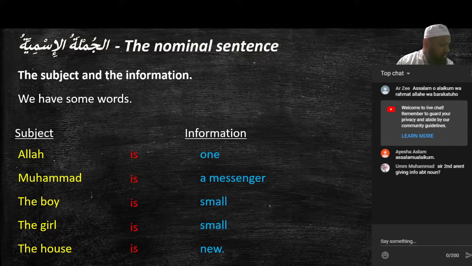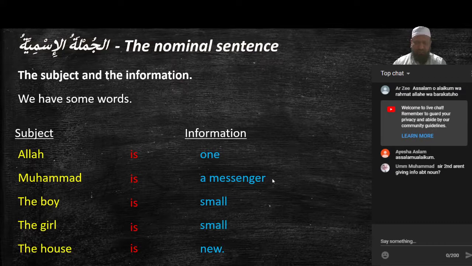The second one is giving information about the noun. Yes, Allah, the noun. The second one is giving information about Allah. Allah is one. Muhammad, second word, a messenger, is giving information. Yes, Muhammad is a messenger. Who is Muhammad? A messenger.